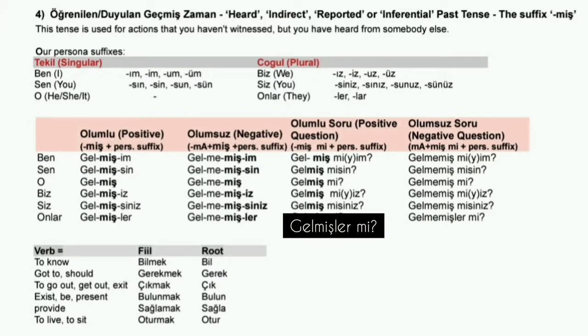What about positive question? Olumlu soru. So, it's easy, like we have done in şimdiki zaman and geniş zaman. We are taking the first part of the olumlu positive verb, which is gelmiş here. Then we are adding our question suffix mi and then the personal suffix. Gelmiş miyim?